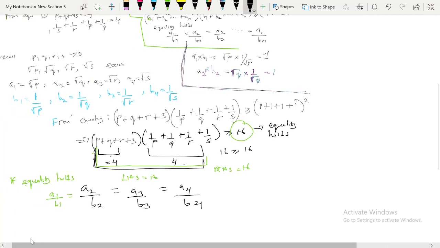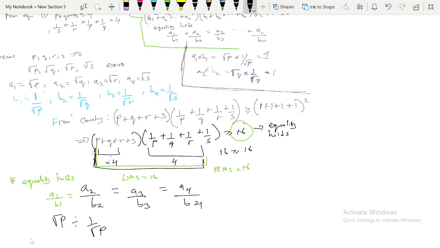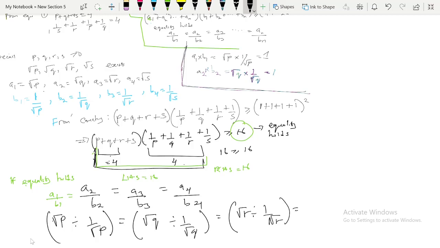A1 over B1 implies root P divided by 1 over root P. This is A1 over B1, and it is equal to A2 over B2, which is root Q divided by 1 over root Q, which is the same thing as root R divided by 1 over root R, which is equal to root S divided by 1 over root S, right? So so far so good.